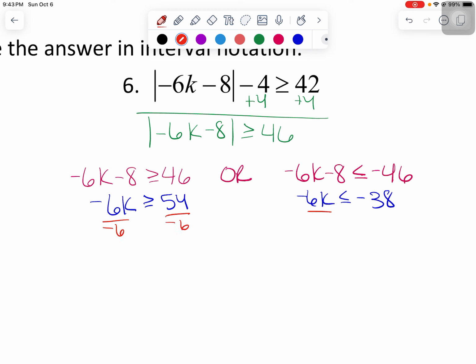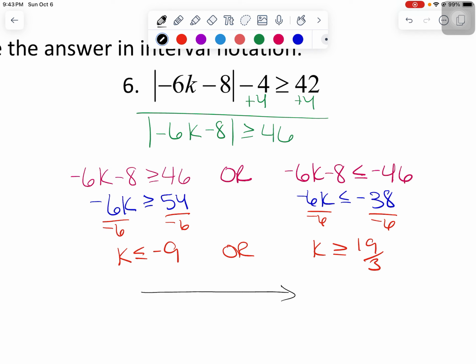And because you're dividing by a negative value, all the inequality signs are going to flip. So k is now going to be less than or equal to, let's see, 54 divided by negative 6 is negative 9, or k is greater than or equal to, if I take negative 38 divided by negative 6, I know it's not going to turn out perfectly, so as a fraction, that turns into 19/3. All right, we have officially solved it.